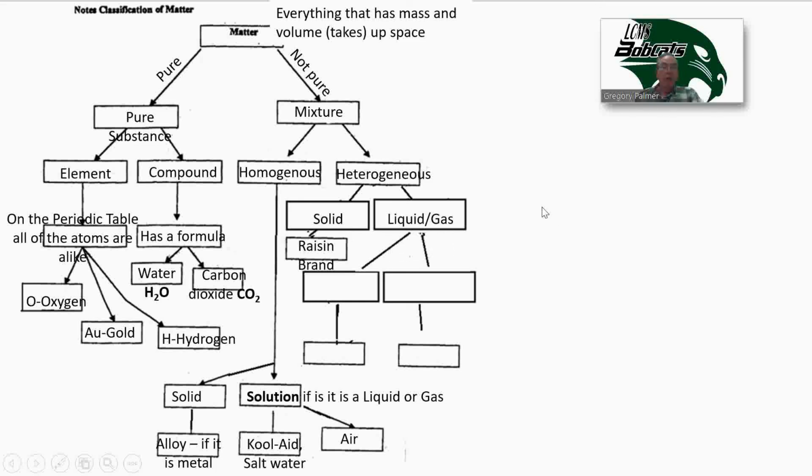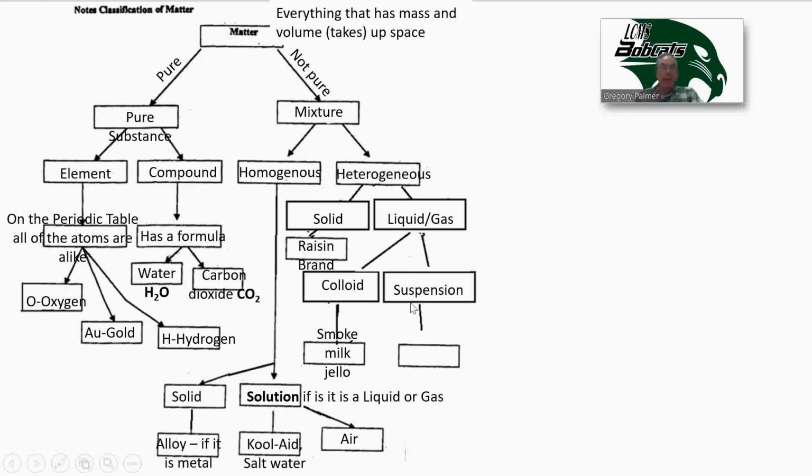If it's a liquid or a gas, there are two special kinds of heterogeneous mixtures. Colloids, which scatter light, and they don't settle. So things like smoke, milk, jello. The other kind is when the particles are even bigger.